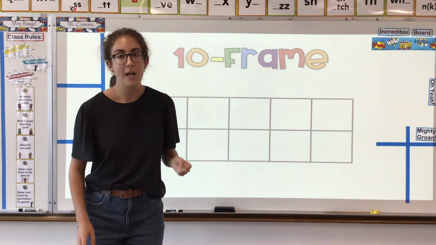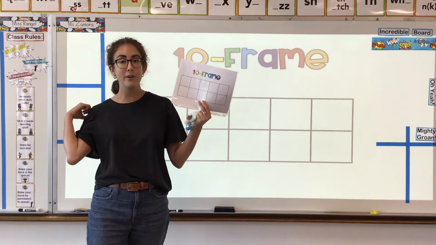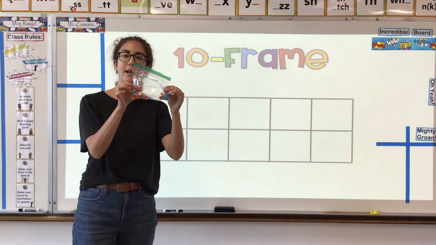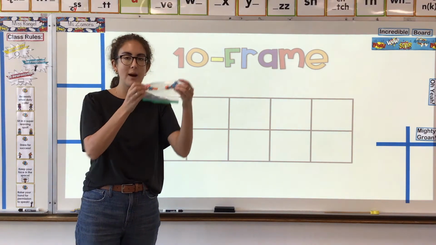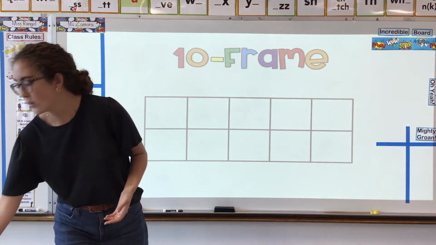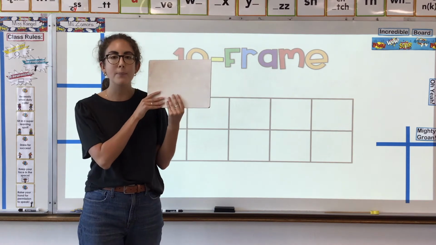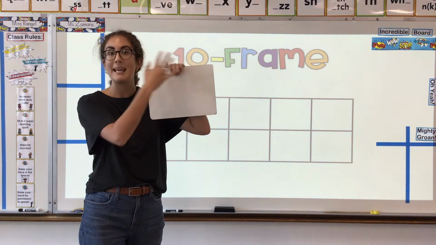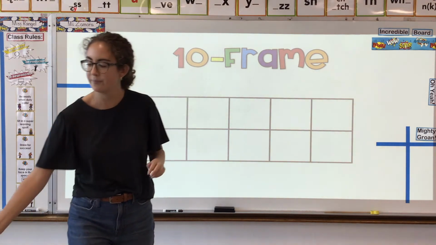So today, just like normal, you are going to need your 10 frame sheet, and you are going to need your eraser counters. You're going to need both colors today, so make sure you have all 20. And today as well, since we are going to be writing some sentences, if you have a whiteboard or a piece of paper, somewhere to write it down, get that out as well, where you can write your addition sentences.